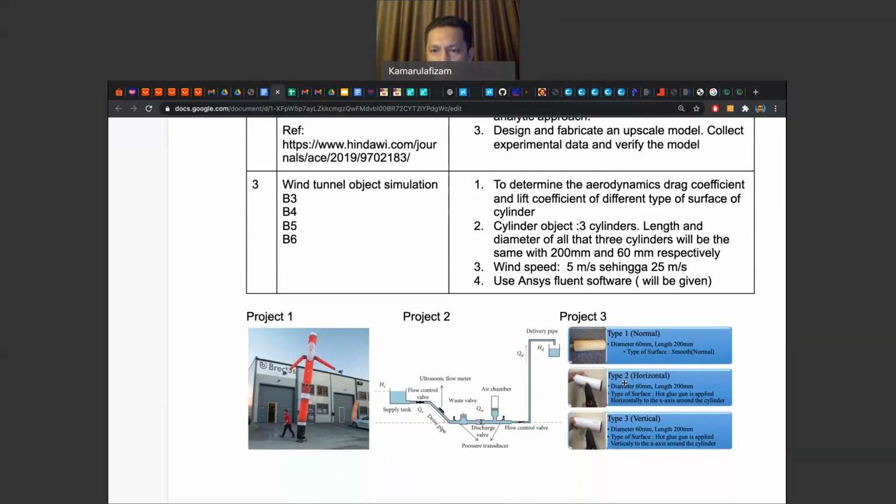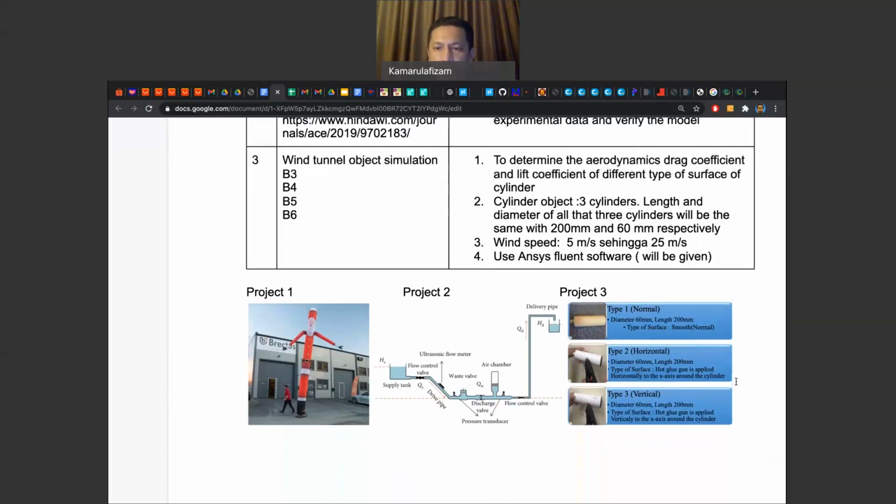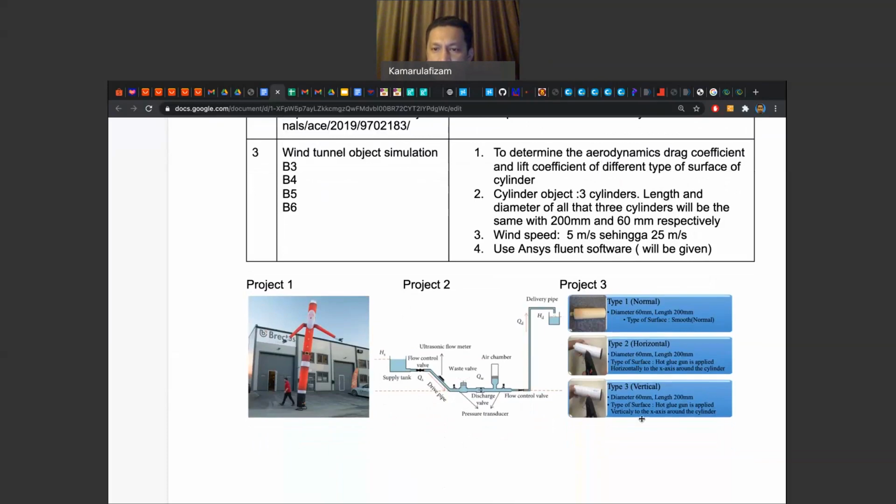The second type, we have a horizontal hot glue gun line as some kind of additional thing on the surface. And number 3, vertical. The hot glue gun is applied vertically to the x-axis around the cylinder. So these are the 3 things that you need for the object test.